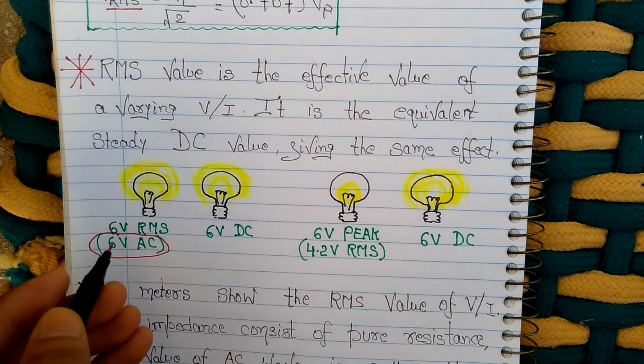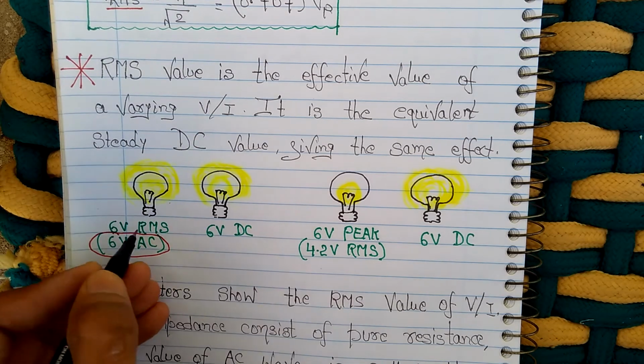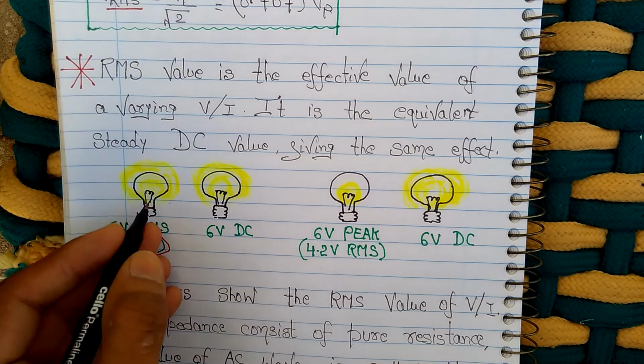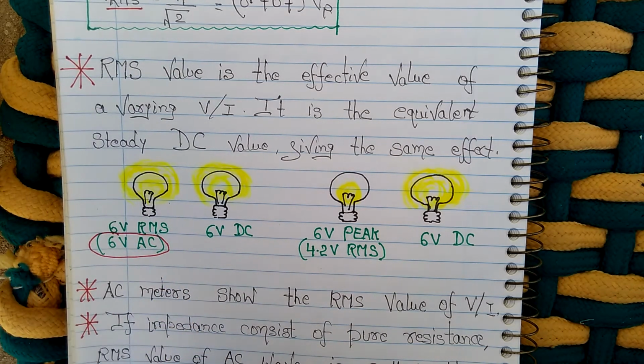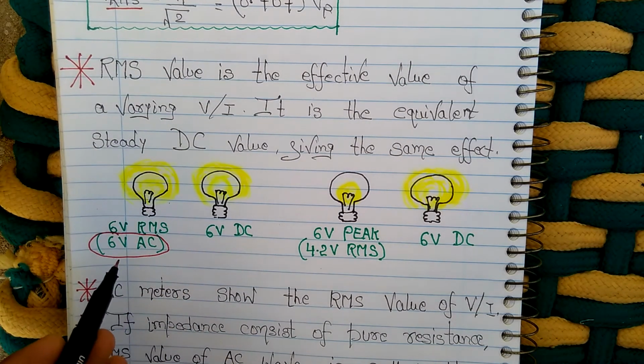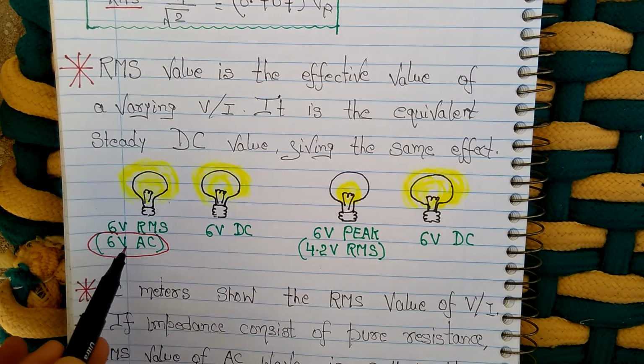You got my point? If you give it 6 volt RMS or 6 volt DC, these will produce the same effect in this bulb, as long as the bulb has a 100% resistive element. If somewhere it is written 6 volt AC, it is understood that this 6 volt is RMS.